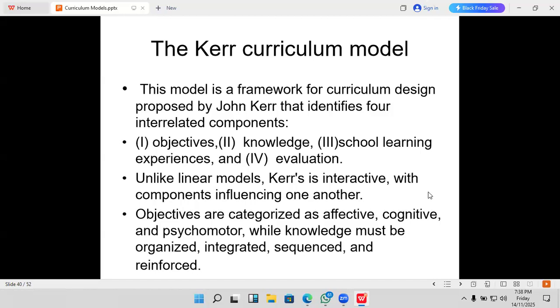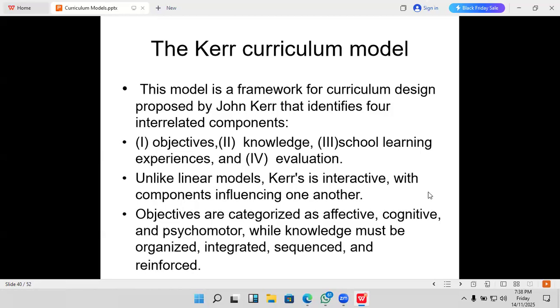Another thing, he has categorized the objectives as affective, cognitive, psychomotor.